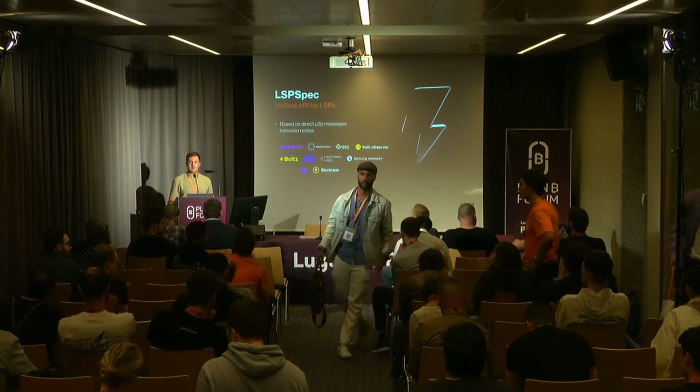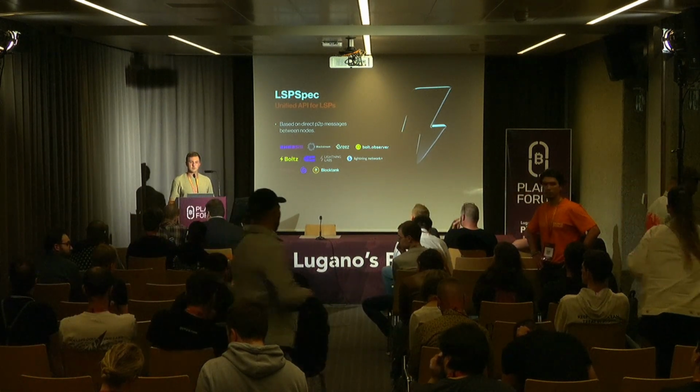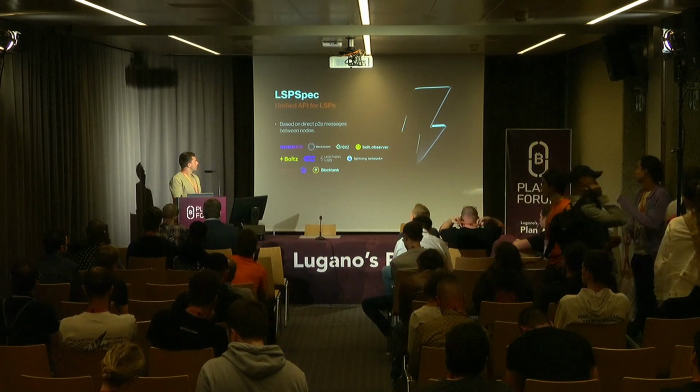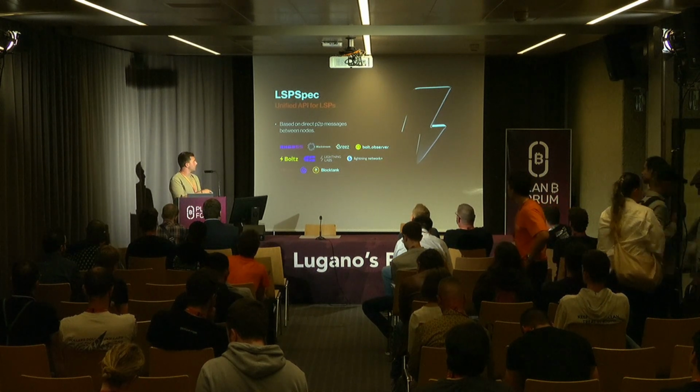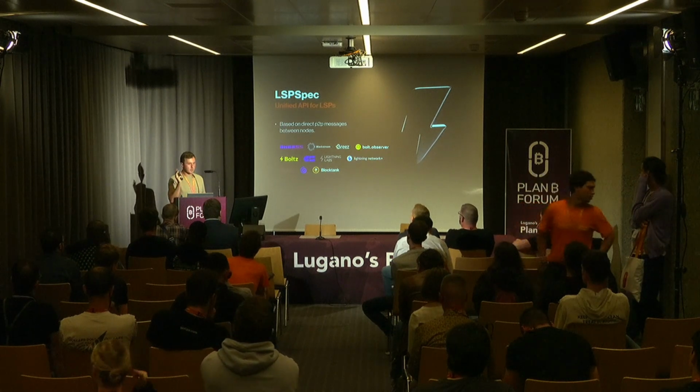Maybe a simple question: do you know which Lightning node implementation most of these LSPs are running? Core Lightning, LND? Yeah, I mean, Blockstream is Core Lightning. Breeze is using Greenlight, which is Core Lightning at the end.